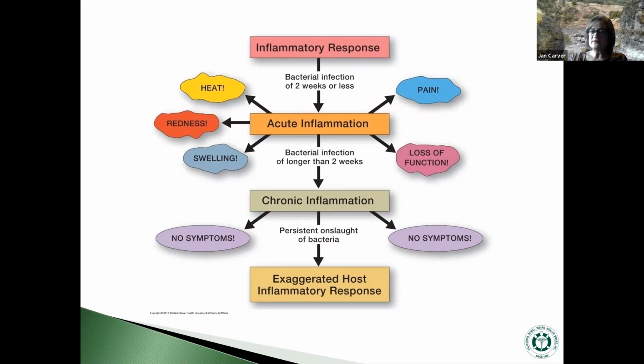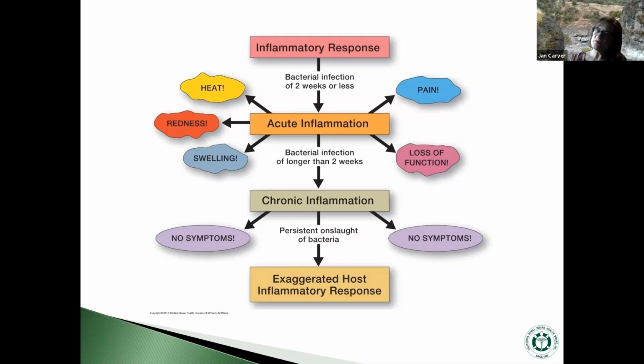But if an inflammation is left unchecked, like that splinter doesn't come out, now you may go into chronic inflammation. And this is completely different. And this is what we generally find in people with periodontitis.